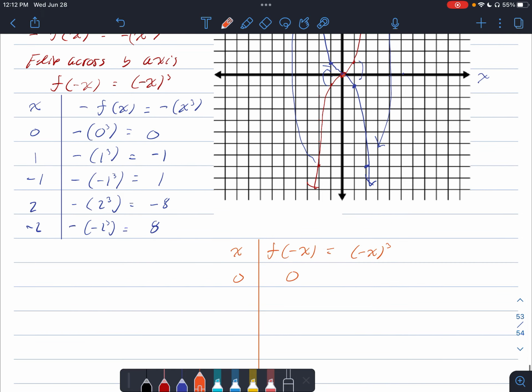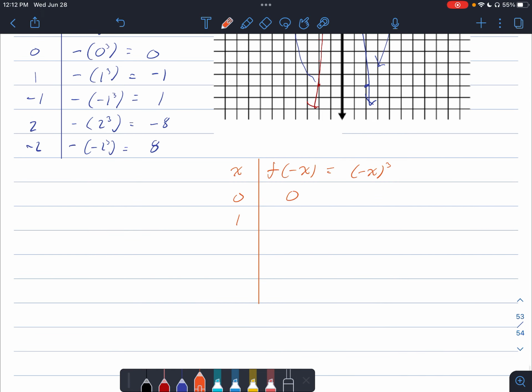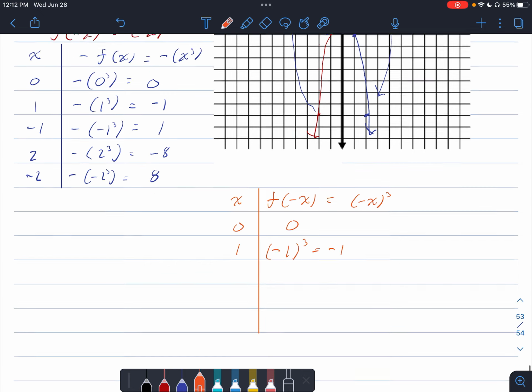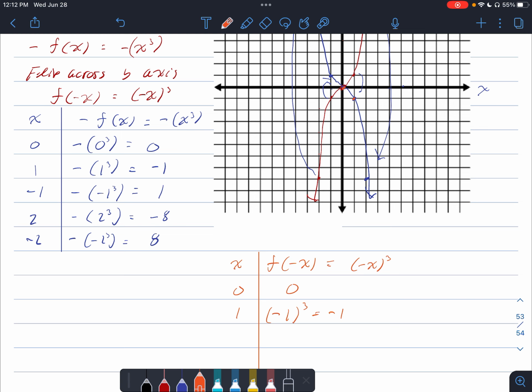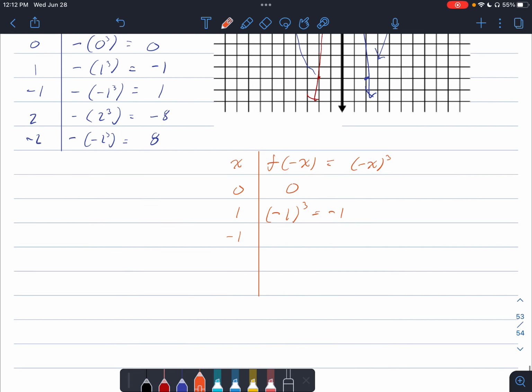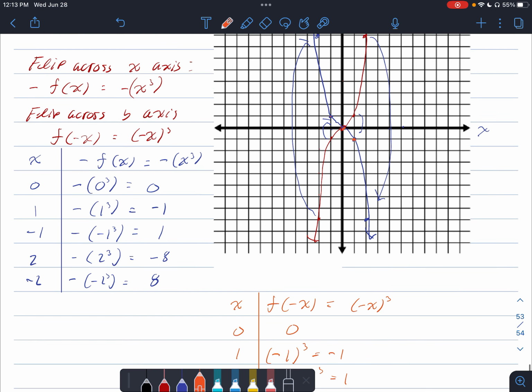So 0 is going to stay the same. If we plot 1, we'll get negative 1 cubed, which is negative 1. So 1, negative 1. Aha, there we go. If we plot negative 1, we'll get negative 1 cubed, which will give us just positive 1. So negative 1 will give us positive 1.